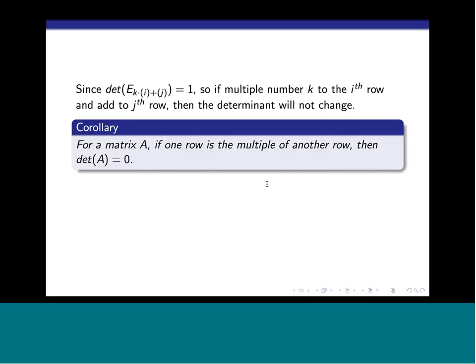Just like William said a moment ago. So if one row is a multiple of another row, then the determinant is 0 because you can multiply that one. For example, first row multiply by -2, add to the last row, then you get the last row is 0, 0, 0. But the determinant does not change, so it's still 0.